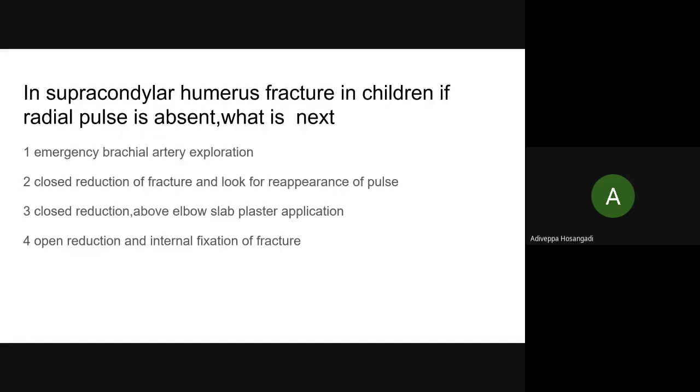So in supracondylar fracture in children, if radial pulse is absent, what is next? Remember children, supracondylar. If there is a radial pulse absent, you don't go for brachial artery exploration. You do closed reduction.